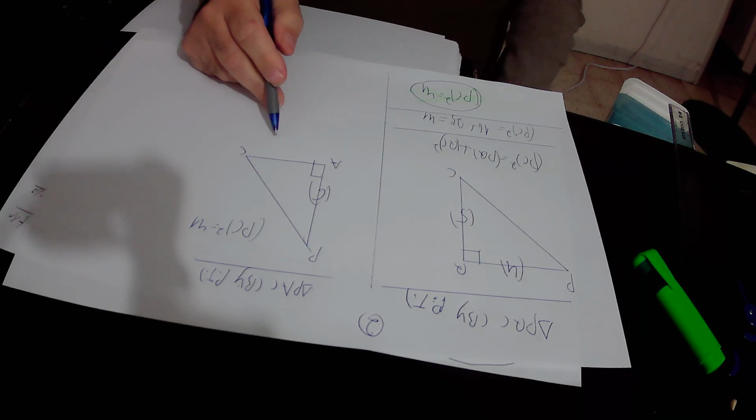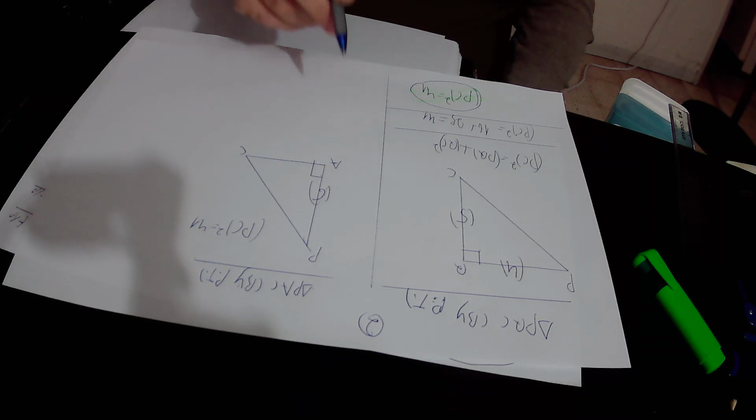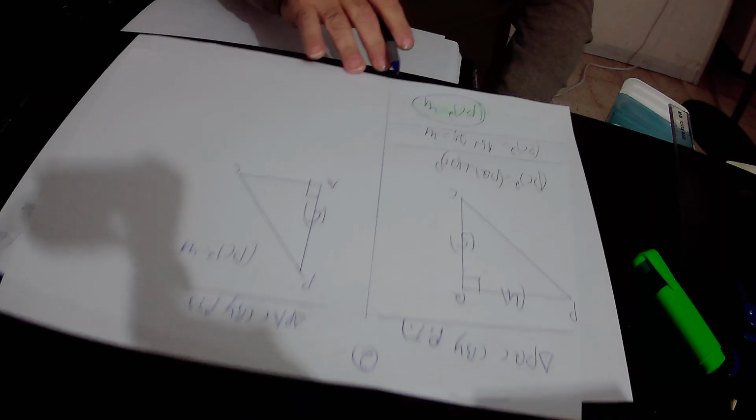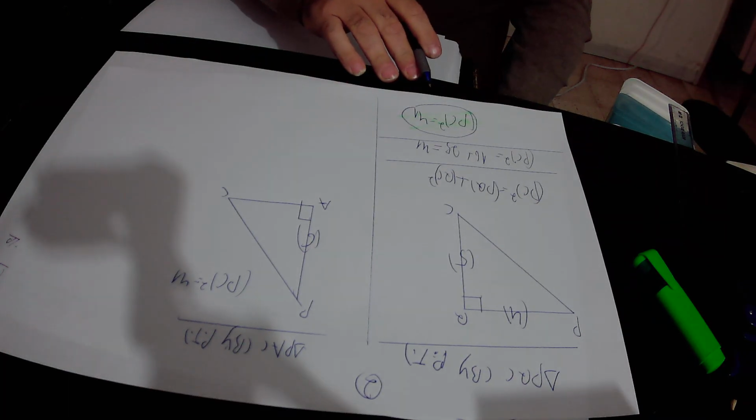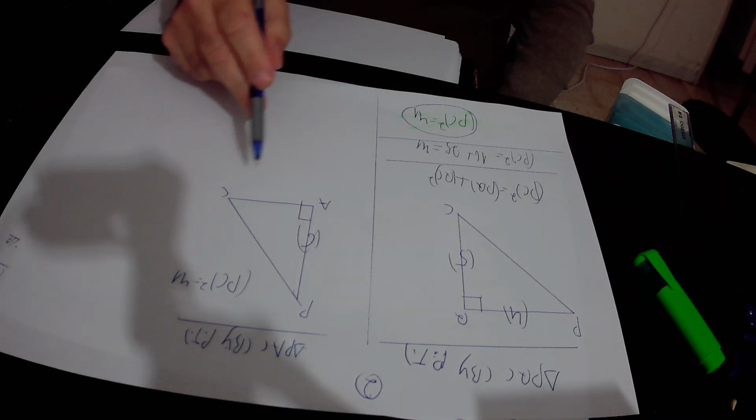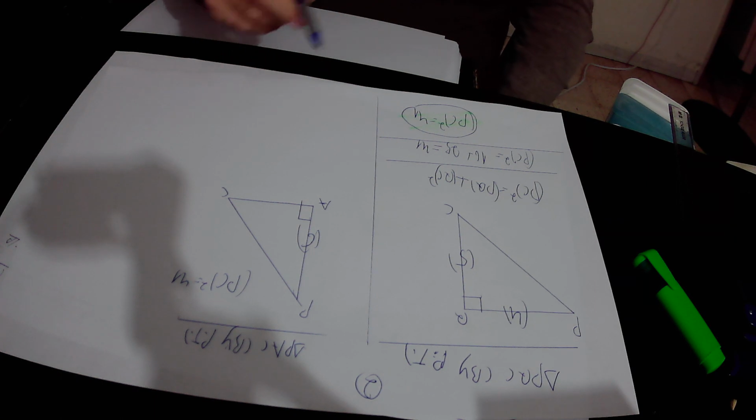So actually, this is the right triangle PAC that I copied from the original drawing. Side PA equals 6 units according to the question. And we just write down that PC squared equals 41, the square of the hypotenuse.